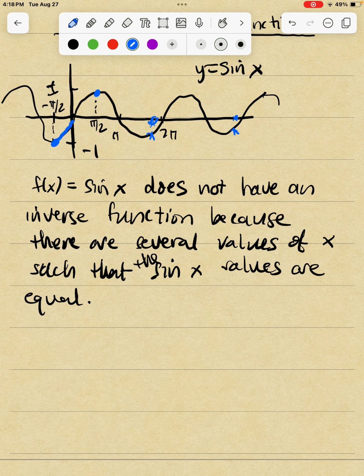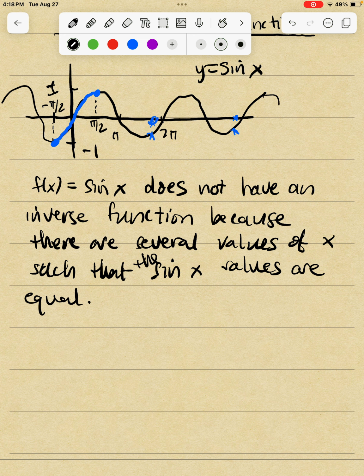This piece has the property that there are no two x values with the same y value. So to distinguish this from the sine function, I'm going to restrict the sine function to the interval from negative pi over 2 to pi over 2, and call that capital F.